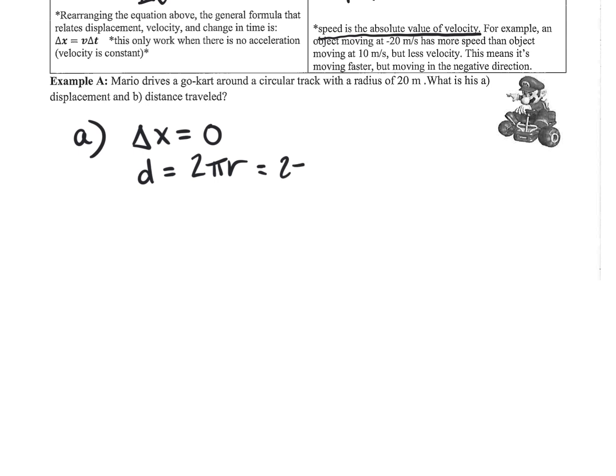So we do 2 pi times the radius, so this is 40 pi meters, which in the real world we would say is what? What is 4 times pi? 40 times pi.